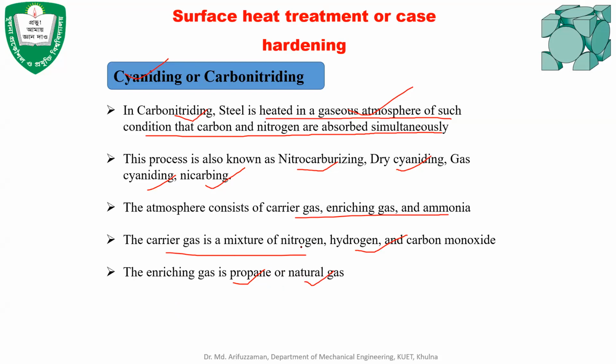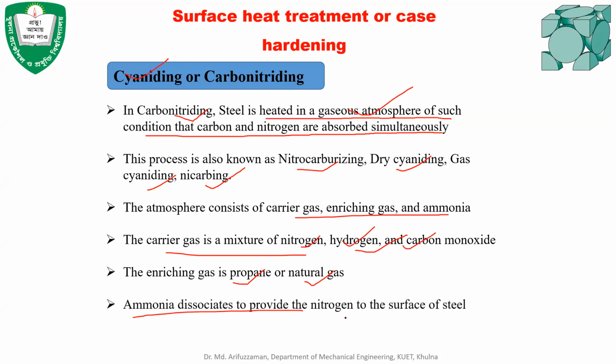That means they enrich the environment with carbon monoxide and hydrogen. Ammonia dissociates to provide nitrogen to the surface of the steel. Natural gas provides the carbon monoxide and hydrogen, and ammonia provides nitrogen and hydrogen in the environment. So natural gases are the enriching gases, and ammonia gives the nitrogen to the surface of the steel.